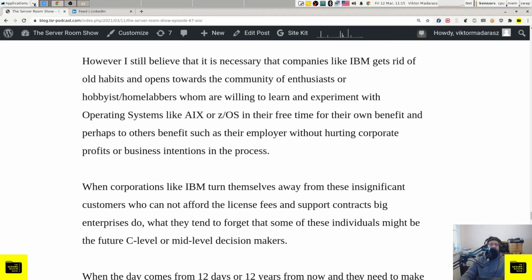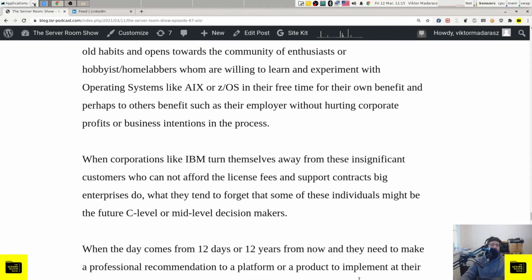However, I still believe that it is necessary that companies like IBM get rid of old habits and open towards the community of enthusiasts or hobbyists, home lab lovers like myself, who are willing to learn and experiment with operating systems like AIX or z/OS in their free time for their own benefit and perhaps others' benefit, such as their employer, without hurting corporate profits or business intentions in the process.